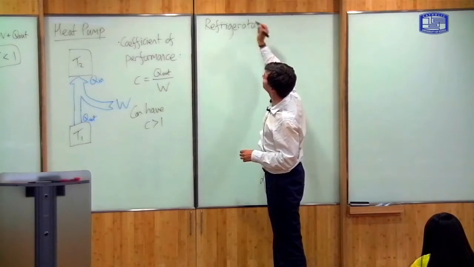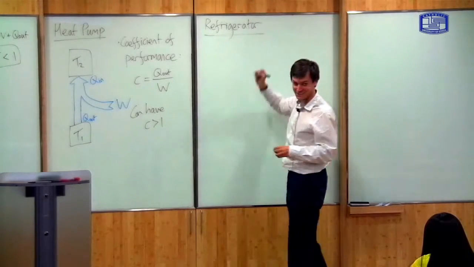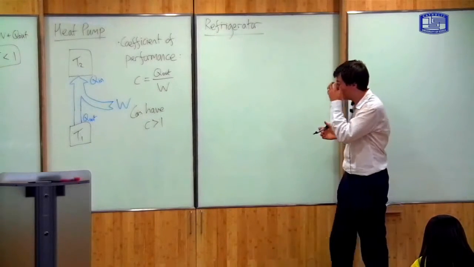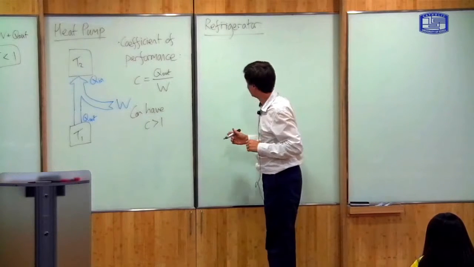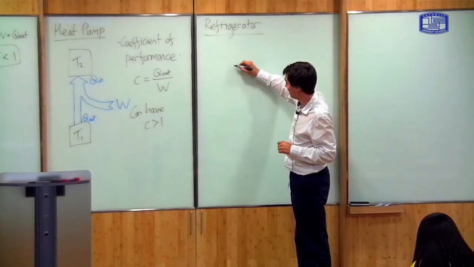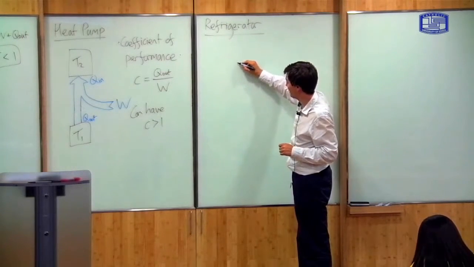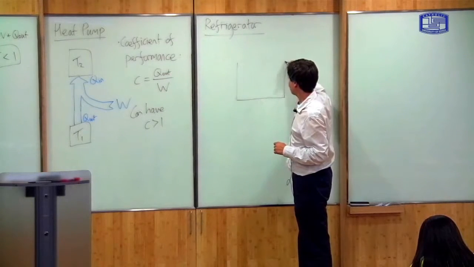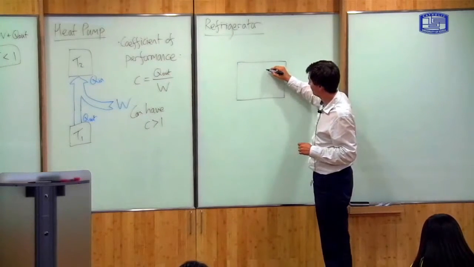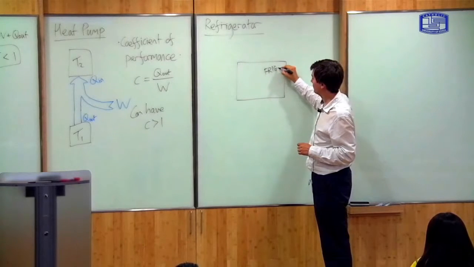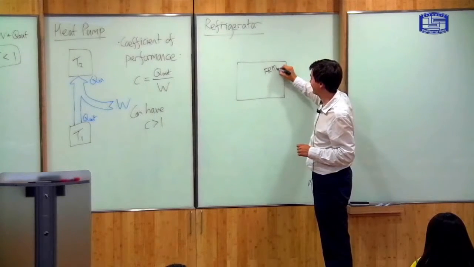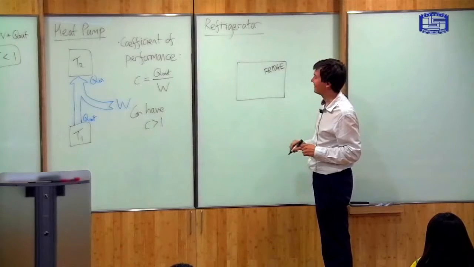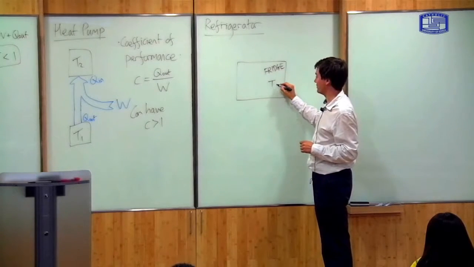Refrigerator. Okay, so this is a fridge, in other words. So I can explain how it works, and it is how I just explained, more or less. Here's your fridge. Okay, and it's at some temperature T1.